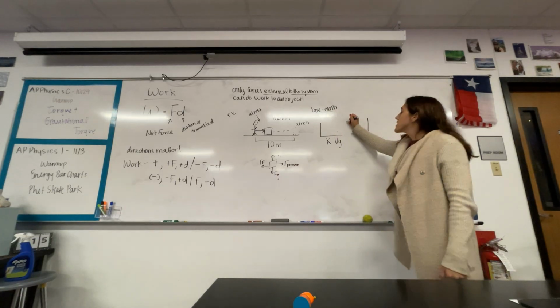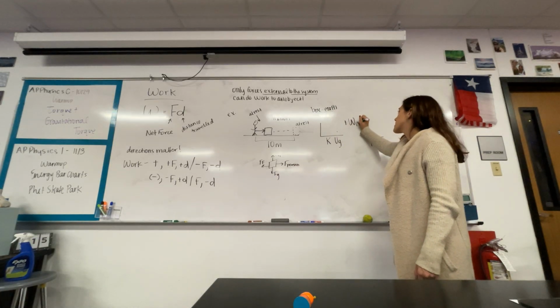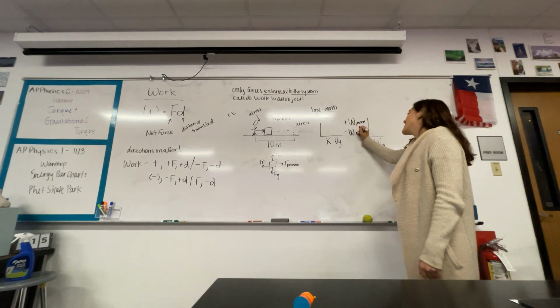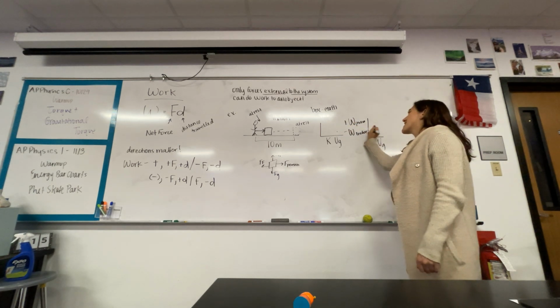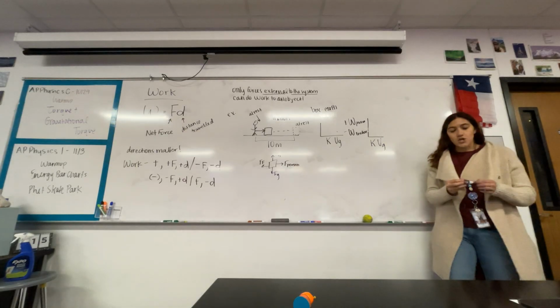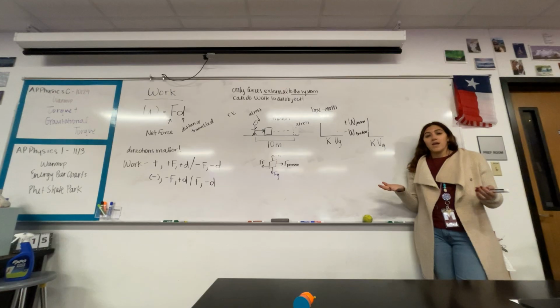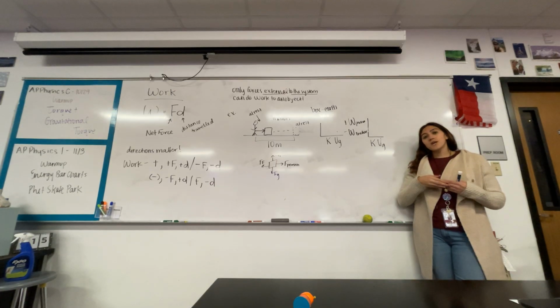What happened was the person did positive work to my system to get it to move, and the friction did negative work to my system to take energy out. So the net change in energy in the system is 0. Even though it moved, the person added energy into the system so that it could move.